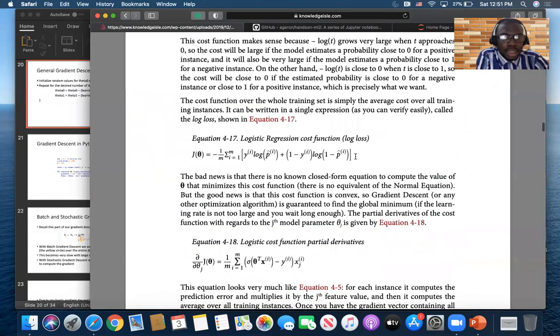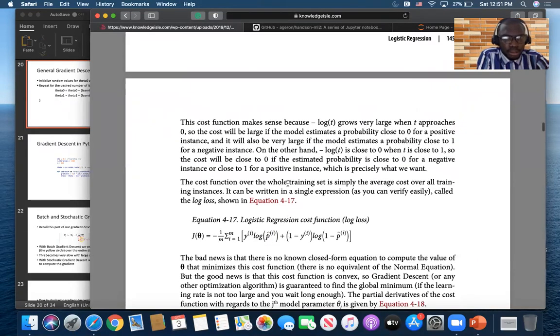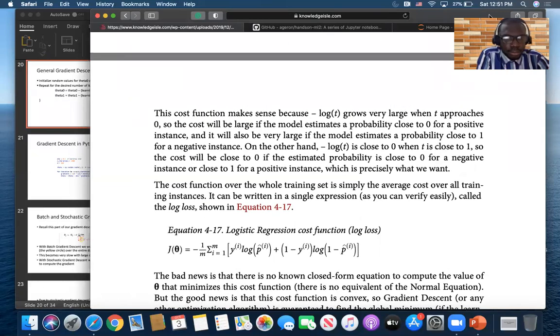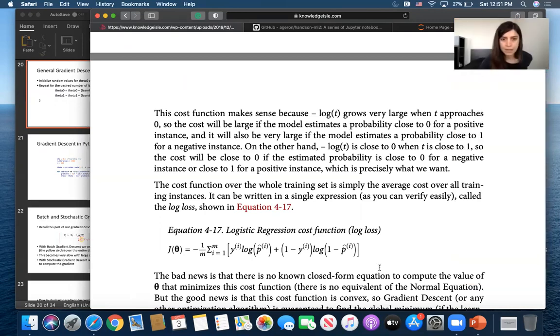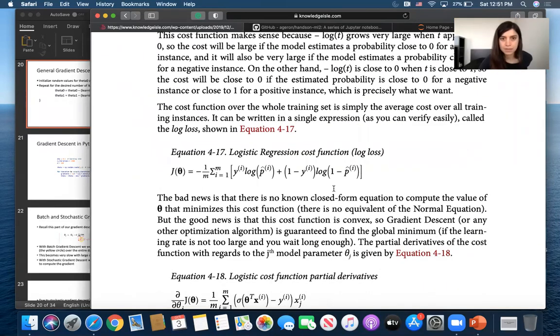That's the same way with the gradient descent cost function too. The y is the actual number, the p is the prediction probability.